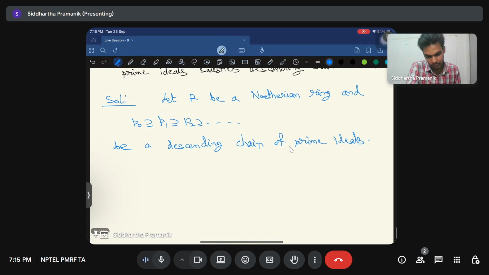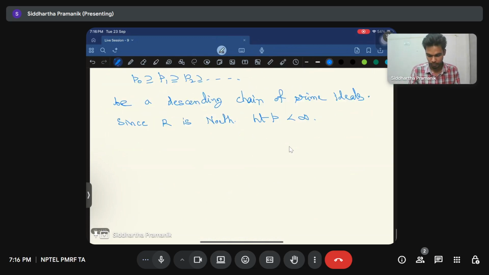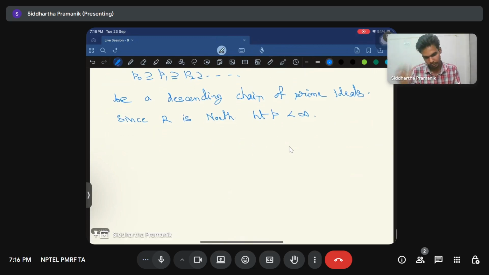But we are in a Noetherian ring. Since R is Noetherian, the height of P is finite, right?